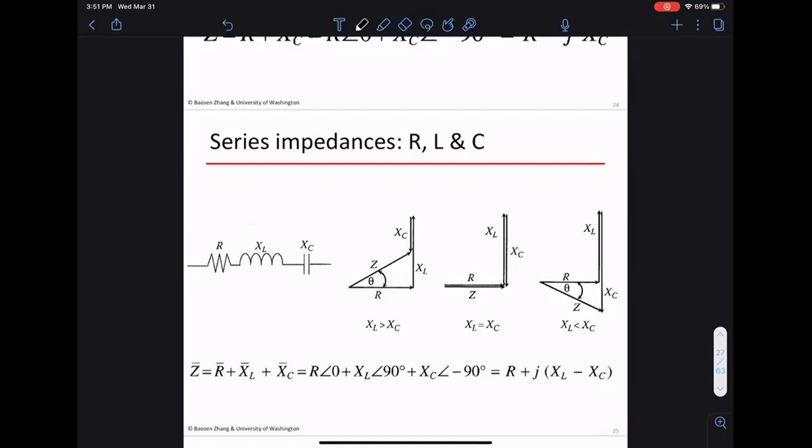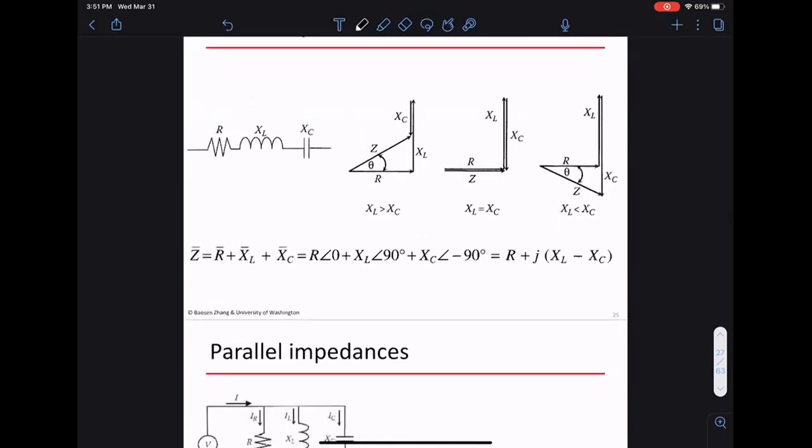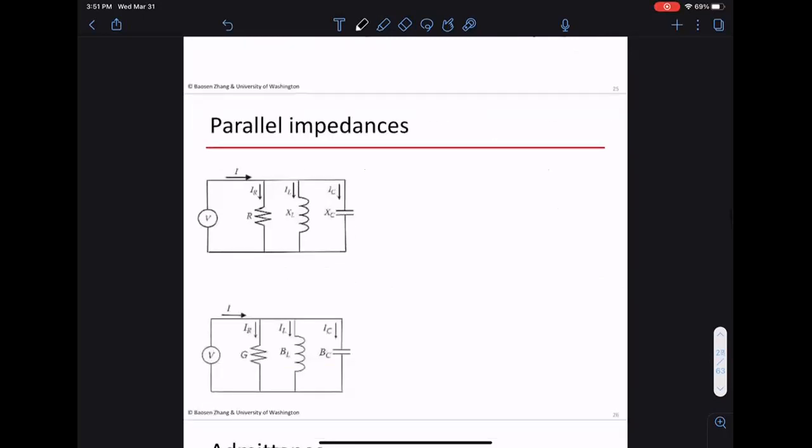So series impedance is easy, just addition. Let's look at parallel impedance. We'll try to derive a very similar equation as when you have parallel resistances.